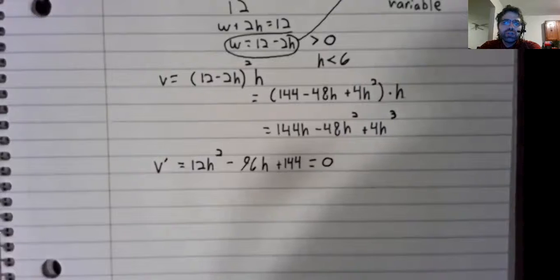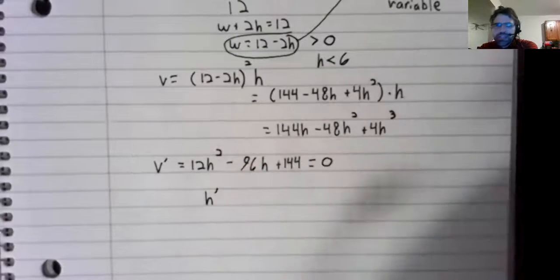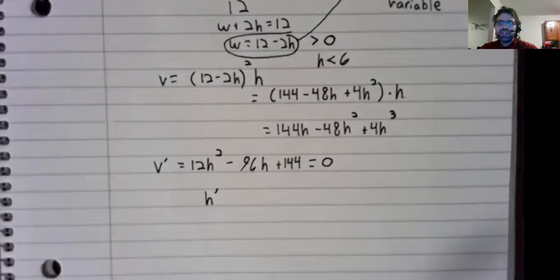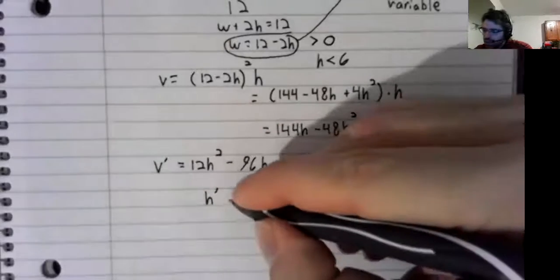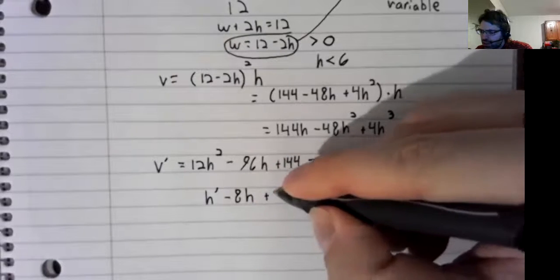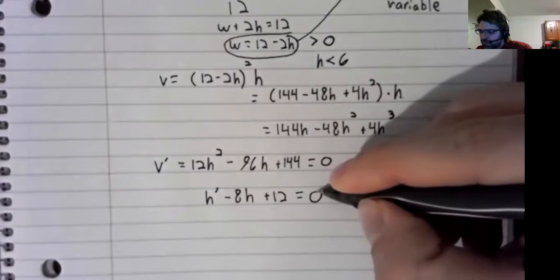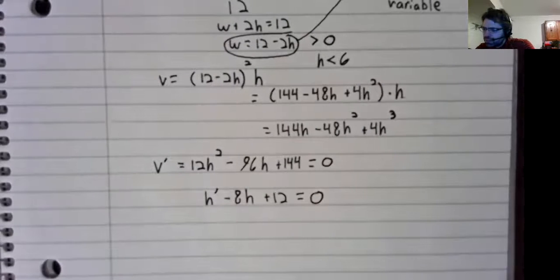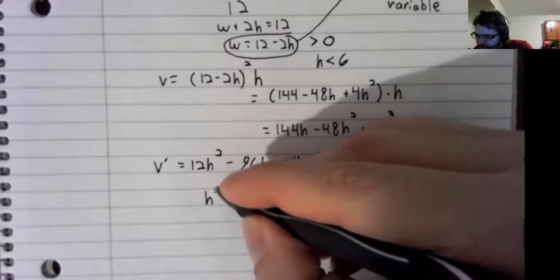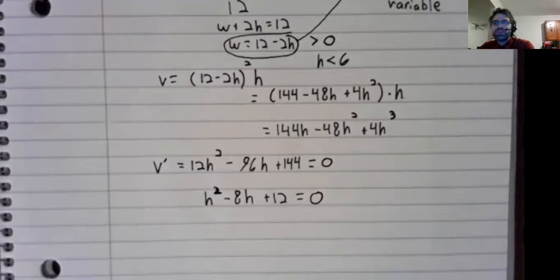If I'm going to use the quadratic formula, I'd like for my numbers to be as small as possible. We can divide both sides of this by 12. When I divided this by 12, that's still h squared, of course.